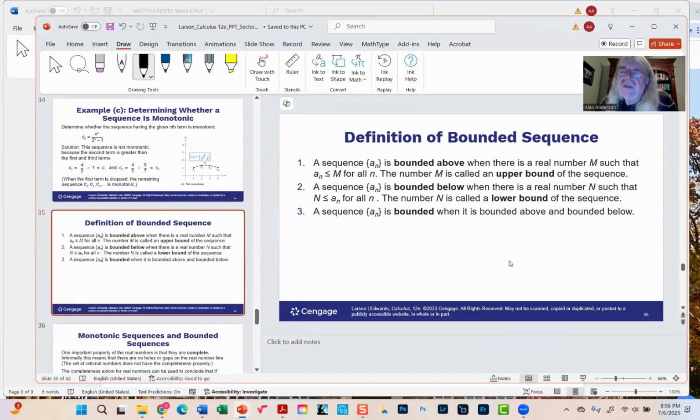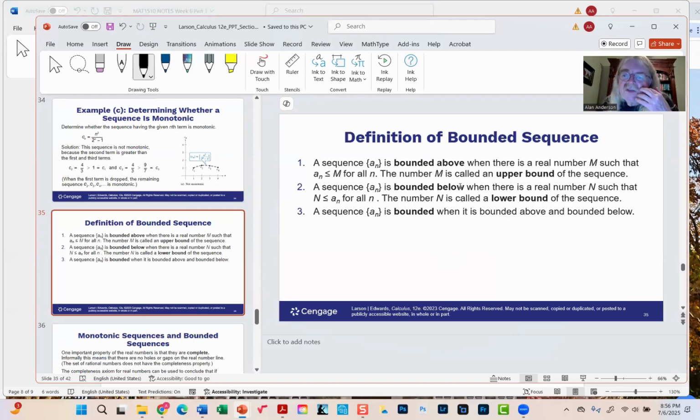Now, bounded means there is either a maximum value that the sequence can take on or a minimum value, or possibly both. So in other words, if there's some number that it will never reach, some number that's greater than all the terms in the sequence, we say the sequence is bounded above, and the number itself is called the upper bound.